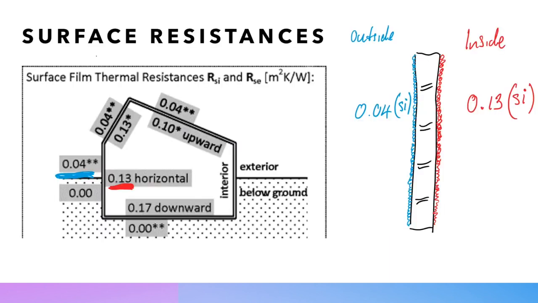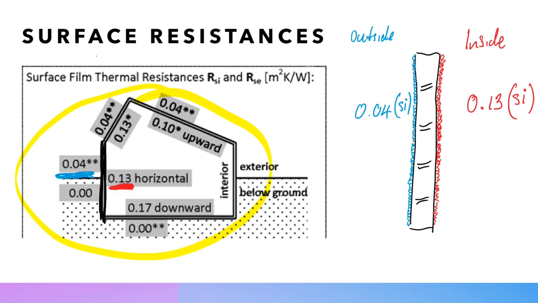So looking at this on the left hand side, you can see the structure of a house, the shape of a house, and in that house you can see there's the wall. Just there, and we can see 0.13, 0.04, the surface inside and outside resistances.